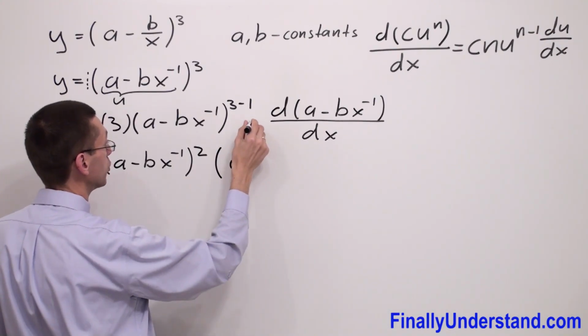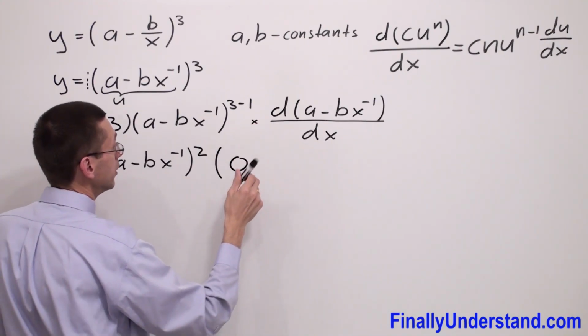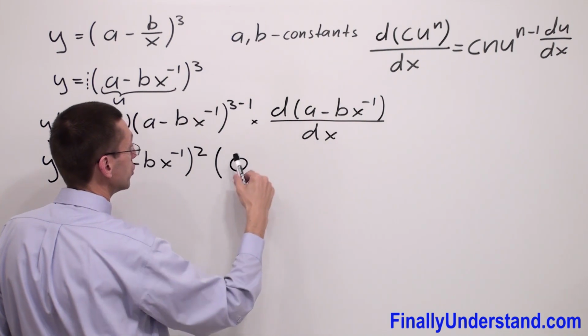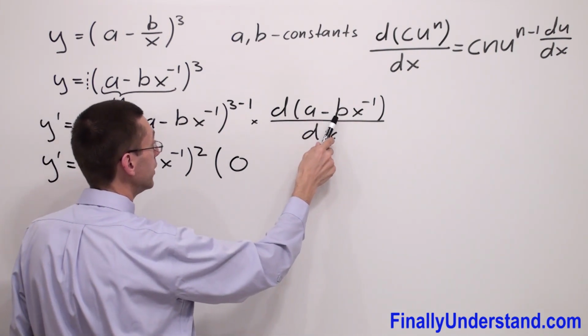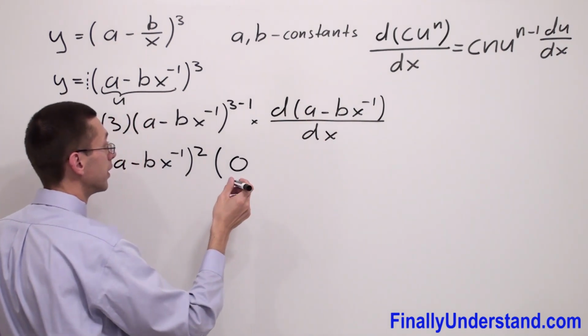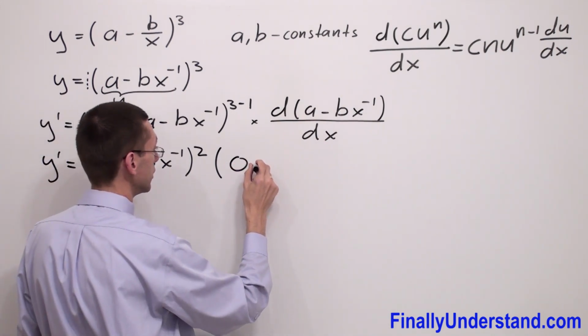Don't forget that we have multiplication over here. So the derivative of a is 0. For the derivative of negative bx to the negative 1, we simply write the negative sign.